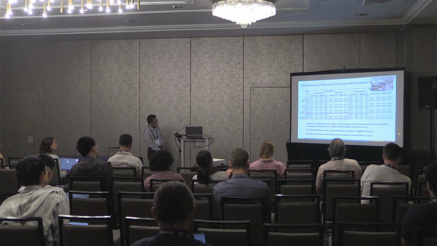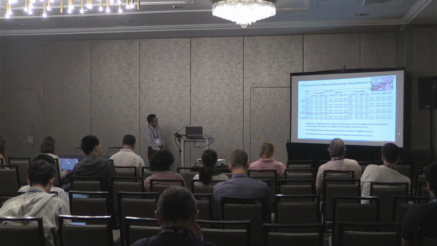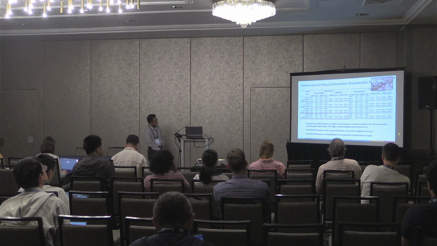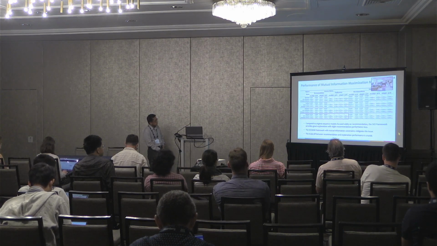In this slide, we show a comparison with the original sequence models, i.e. the basic sequential recommendation models like SASRec or GRU4Rec. They focused only on recommendation, so there are no explanation scores in both datasets.